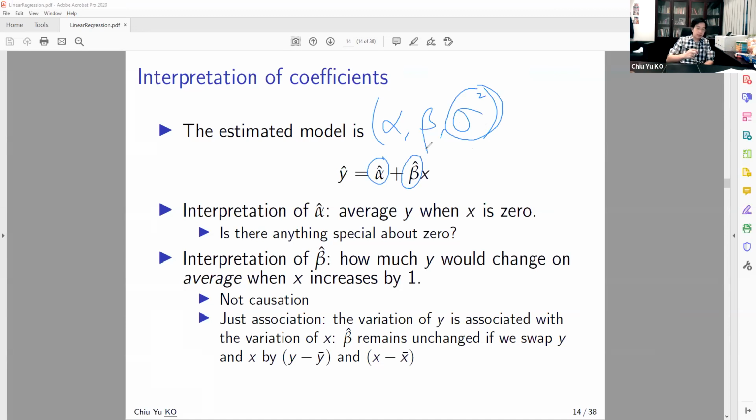Okay, so that's something we care about, right? Because we want to test the hypothesis whether alpha is 0, or we often want to test whether beta is 0. Okay, so these are important, especially this one is most important because we want to see if there is some linear relationship between them, right? If there's no relationship, then it will be 0, right? So we want to check whether beta is 0 or not. Okay, so that is the goal.